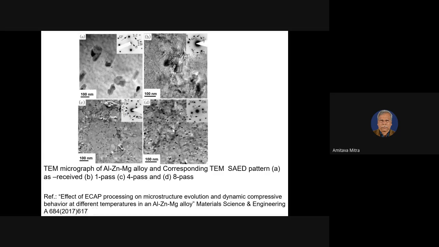So this ECAP process, the equal channel angular pressing process, changes the microstructure from the usual crystalline microstructure to nanostructured materials.